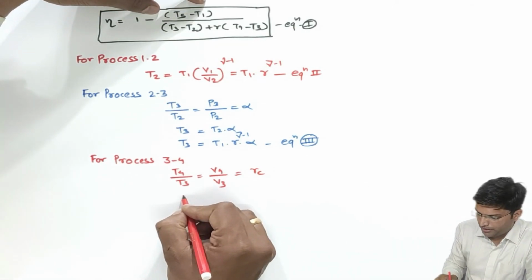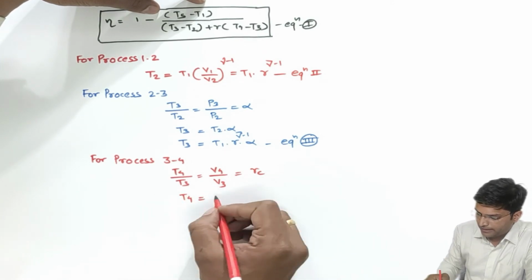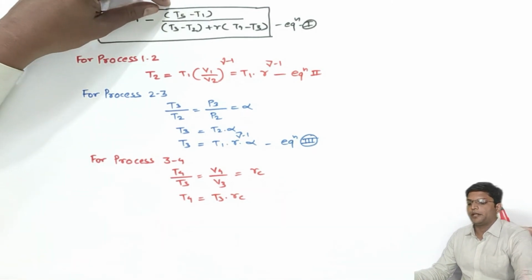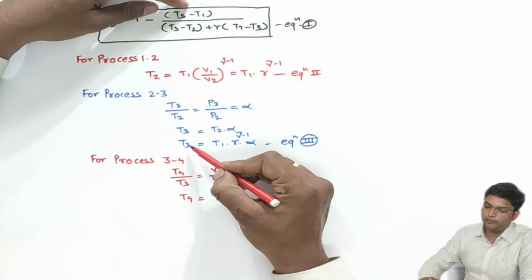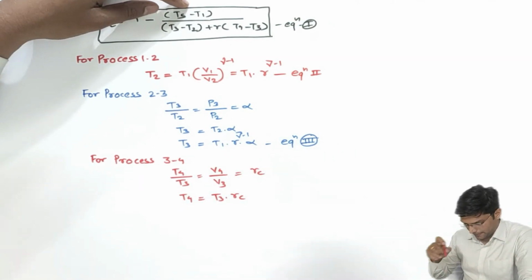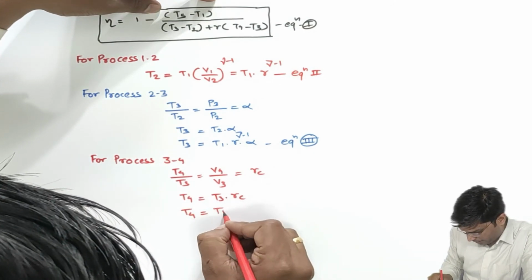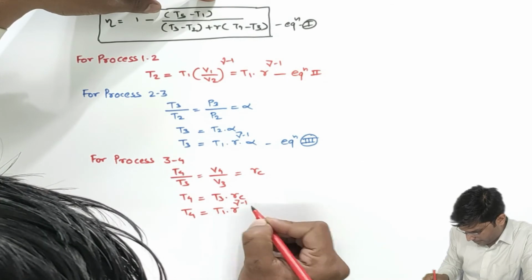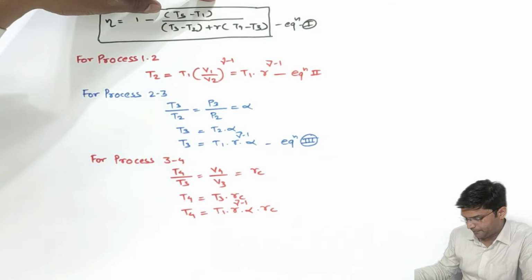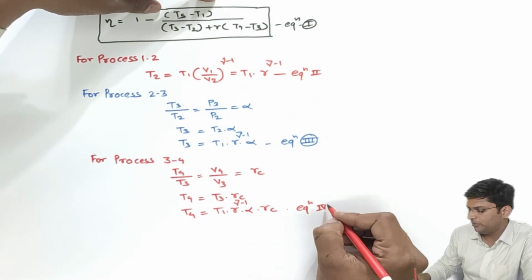Now for T4, this T3 term goes to the right side, T3 into rc. Now we found the value of T3, so we put it into this equation. Now this equation becomes T4 is equal to T1 into r raised to gamma minus 1 into alpha into rc. We denote it as equation 4.